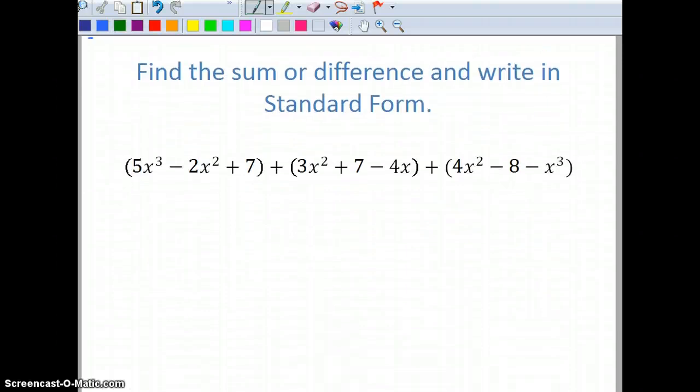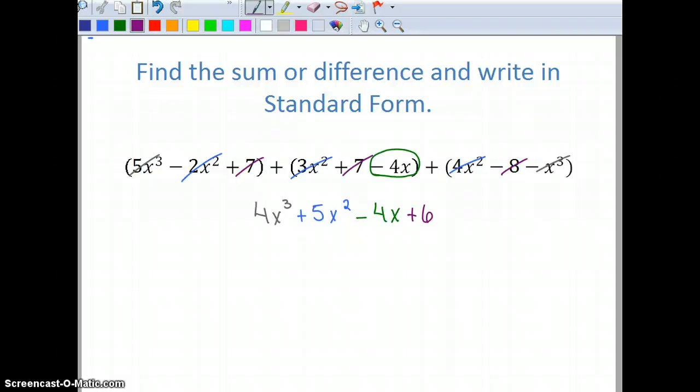Okay, now what do I do if I'm adding 3 of these guys? Well, I'm going to do the exact same thing that I do when I'm just combining 2. So I want you to take a minute, combine your like terms, make sure everybody's in standard form, and I'll post the answer in just a second. So go ahead and hit pause.